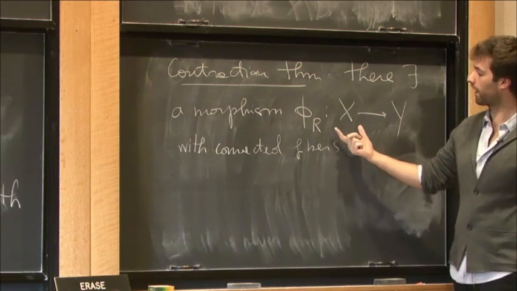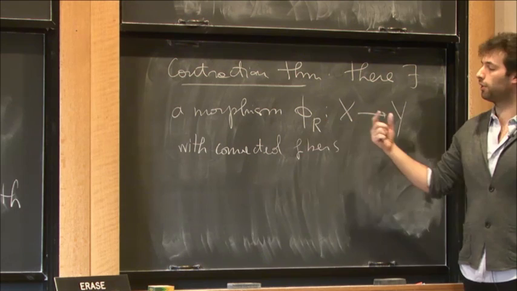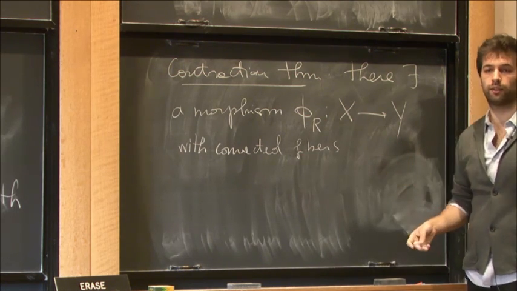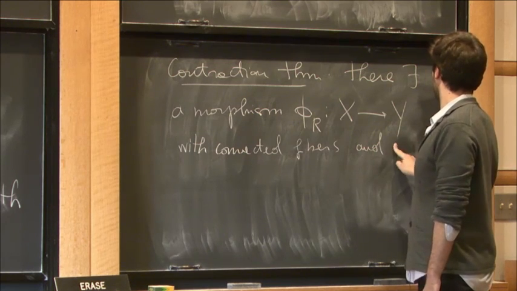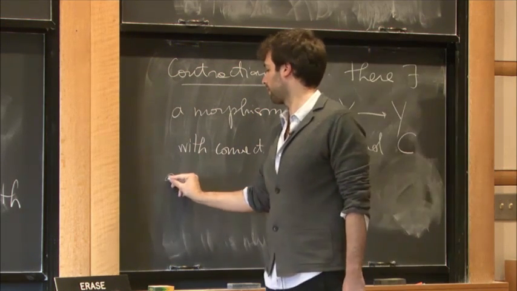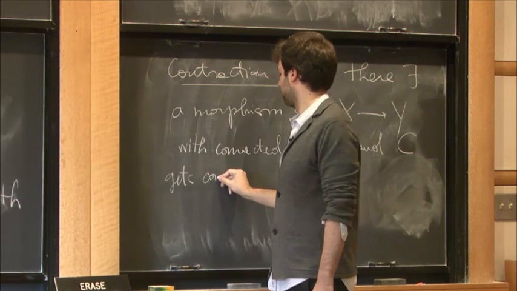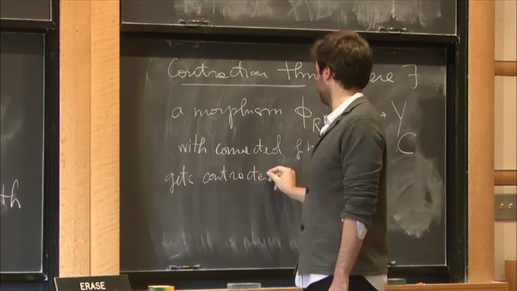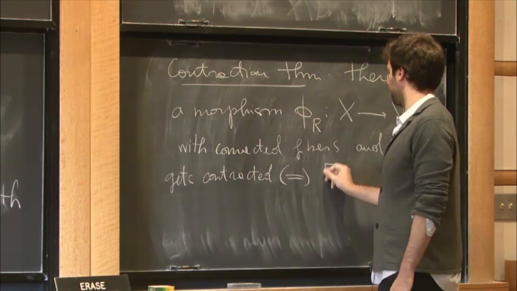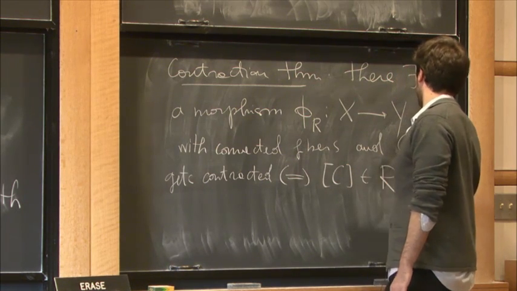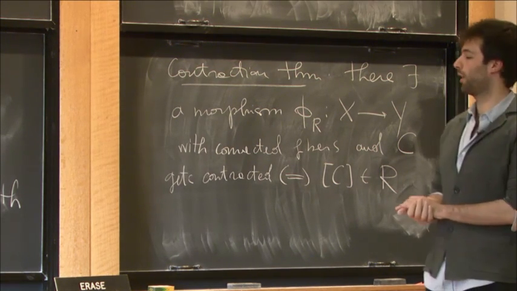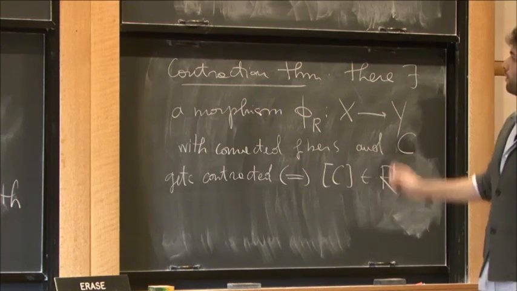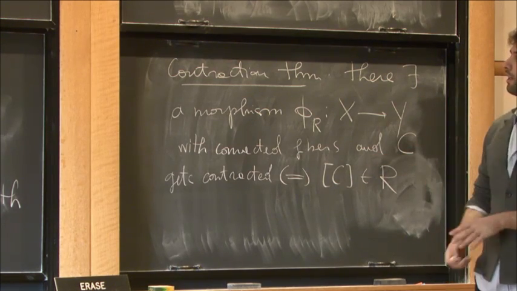And moreover, if I have a curve contracted by this morphism, then C gets contracted if and only if the class of C is in the extremal ray. Okay? So these are very classical theorems in the minimal model program. So I would like to apply these theorems in our setting.